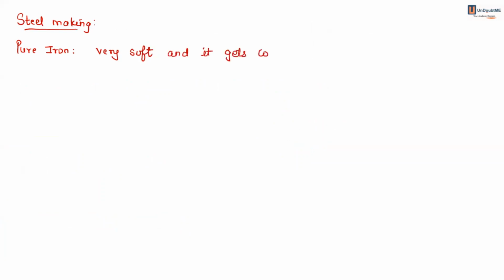So let's understand how steel, which is an alloy of iron, is made. Pure iron is very soft and it gets corroded very easily.